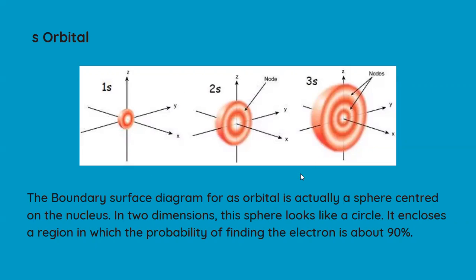The probability of finding an electron at a given point is equal in all directions. Also, the size increases with increase in the value of n. It's very obvious, right? The size of 1s is the smallest, 2s is slightly bigger, and 3s is even bigger. So this is about 90%.